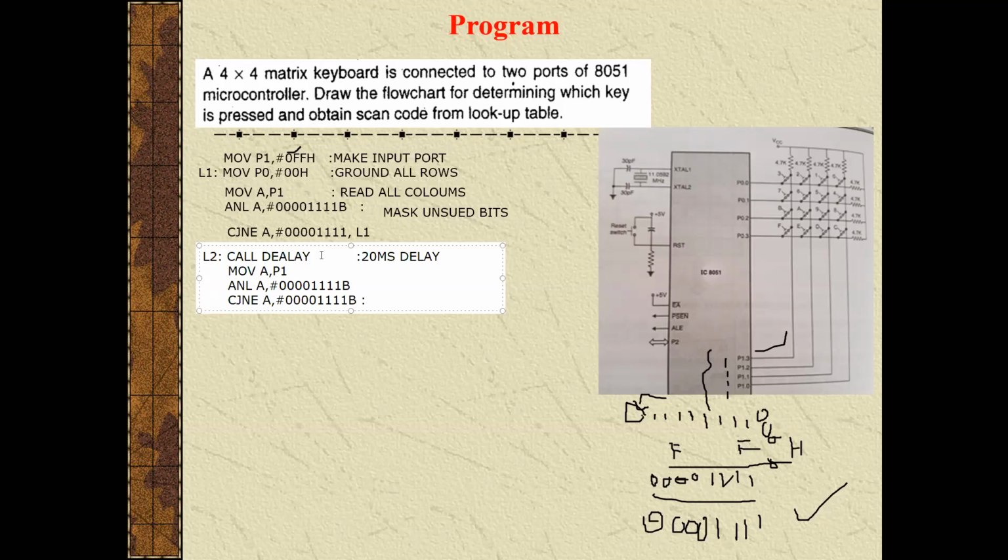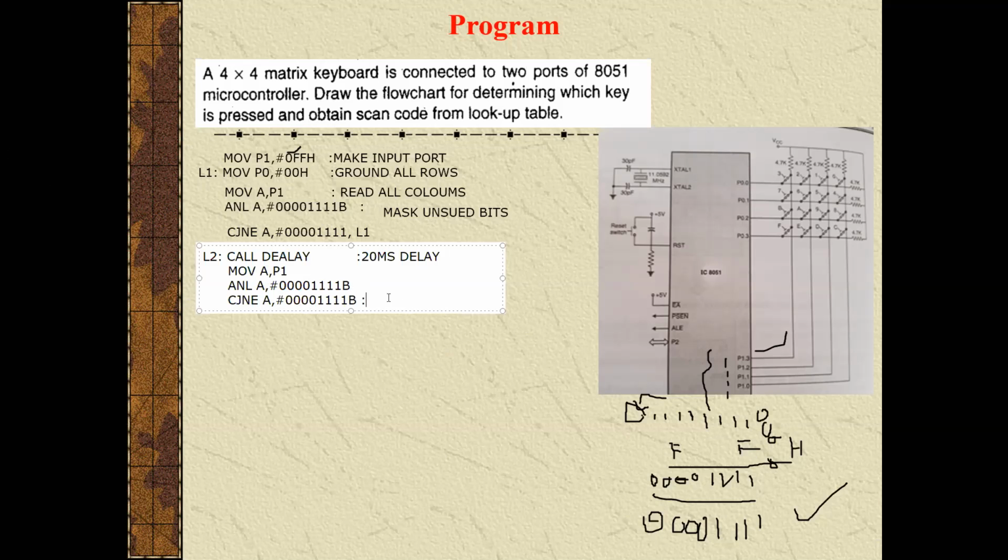So here, if any key is pressed, this data will be changed and loaded into our accumulator. Then after performing the AND operation, masking, I check whether this result and this one are the same. If they are the same, it means that no key is pressed.